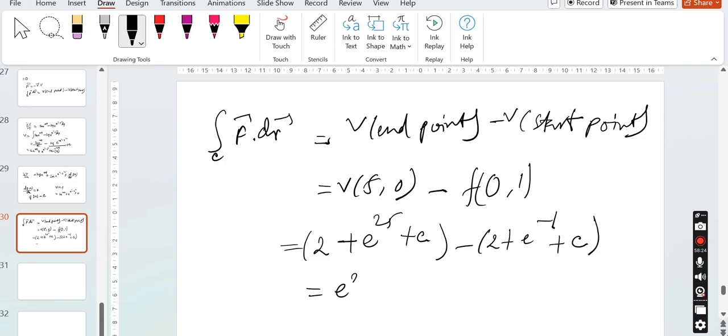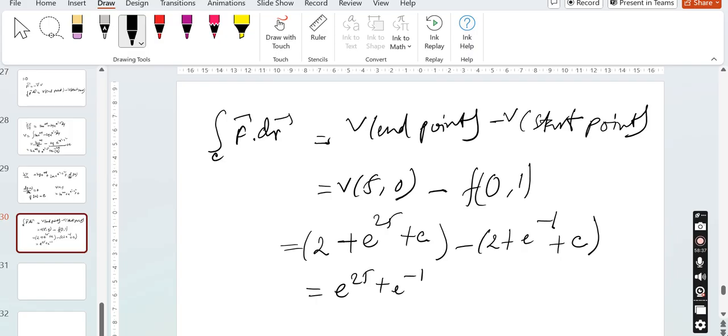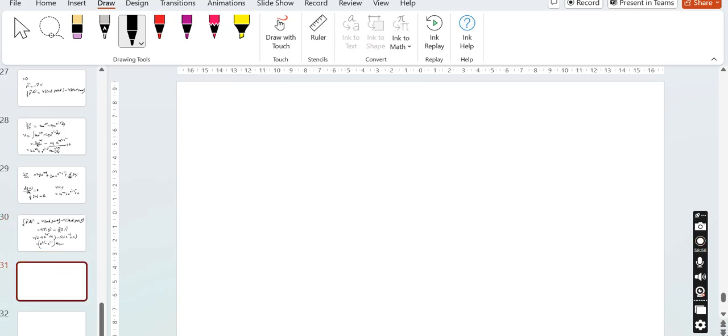So that will be e to the power 25 plus e inverse, minus this. So this is the answer. This is the work done by the force F along the path C.